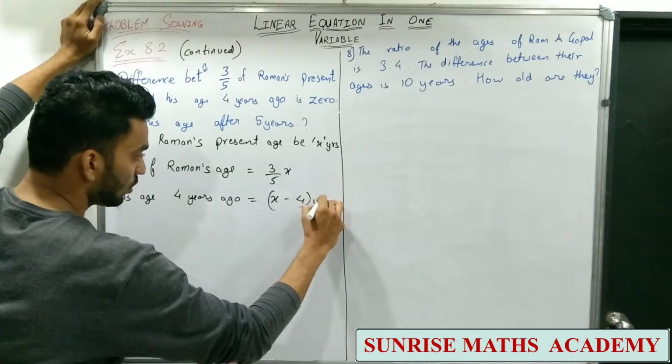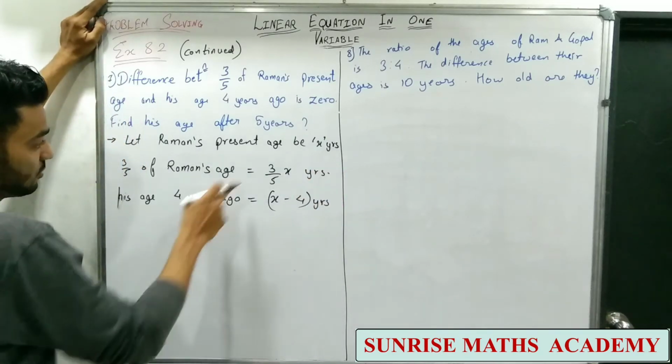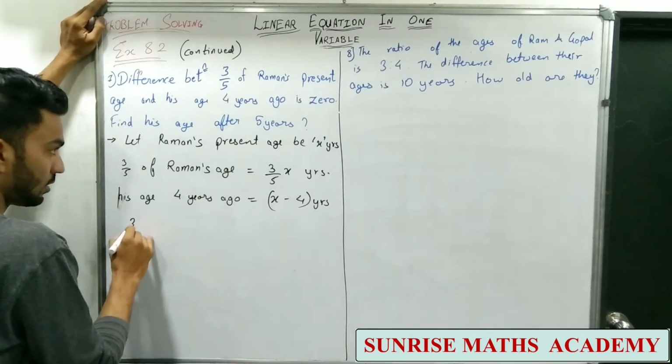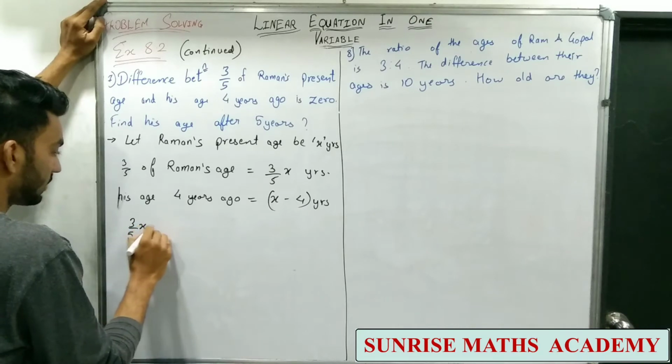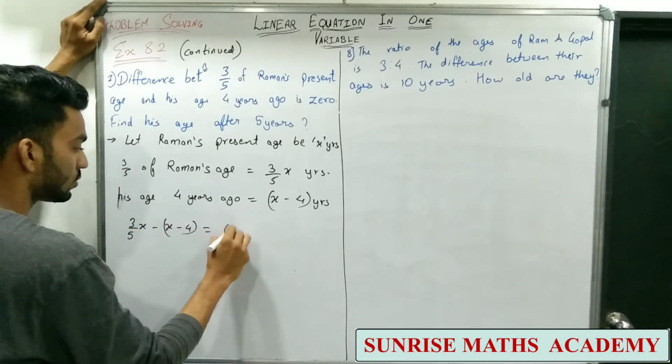So x minus 4 years. Difference between these two is 0. So 3/5x minus (x minus 4) equals to 0.